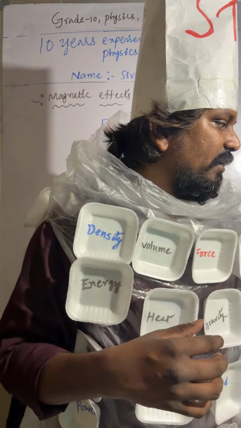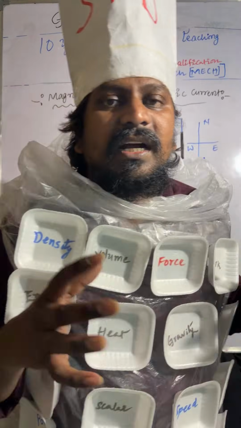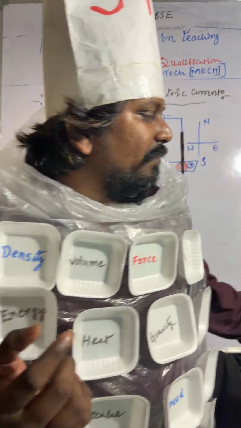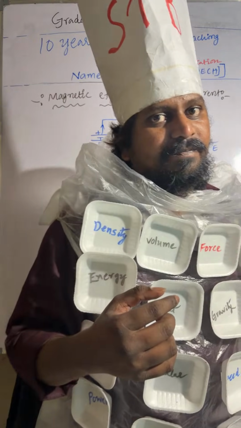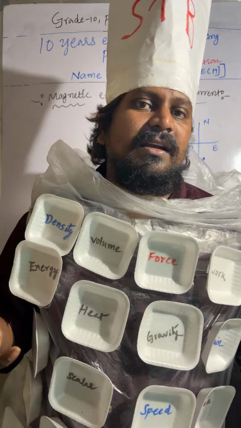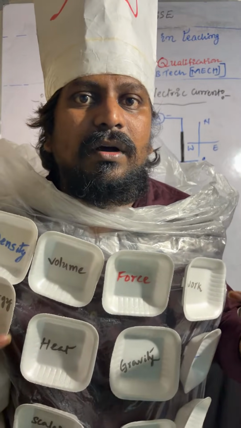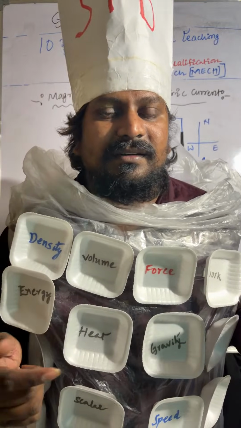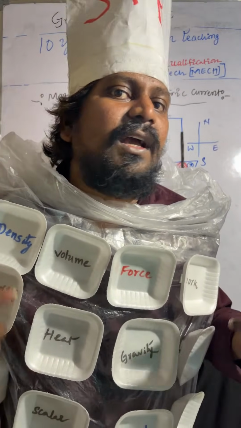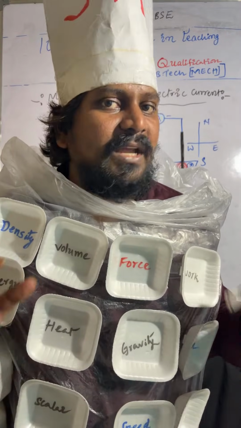Sir, I know one condition: if the current is passing through the conductor, a magnetic field will be produced, right? So a magnetic field will be created around the conductor.